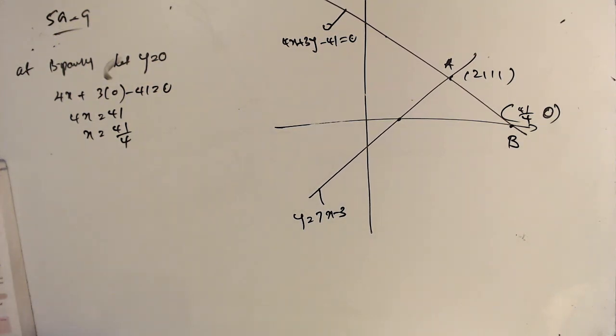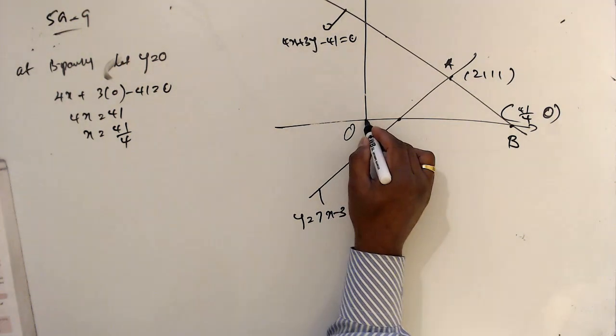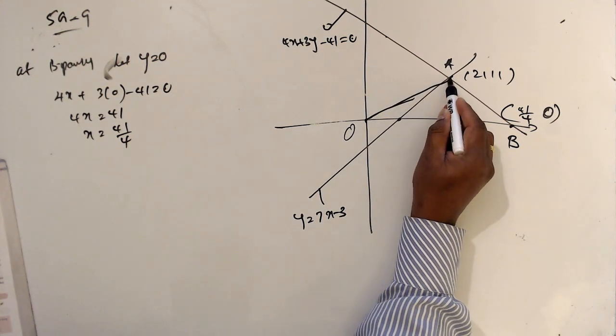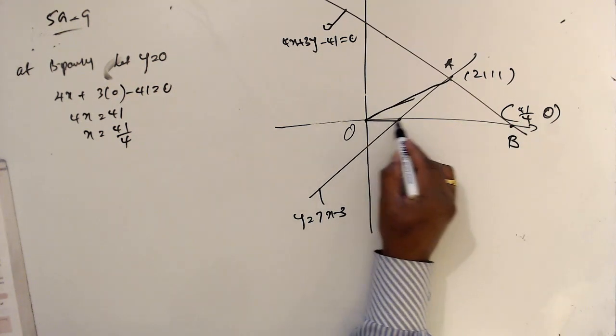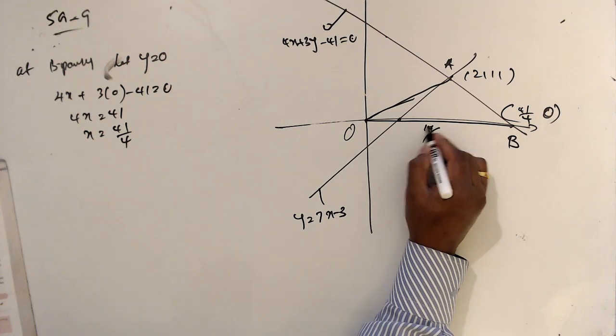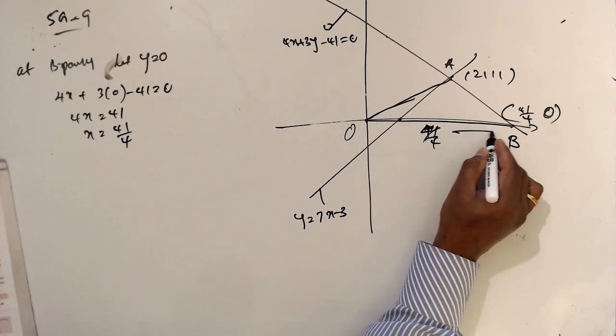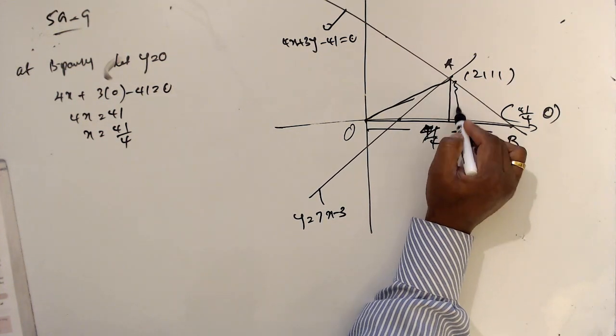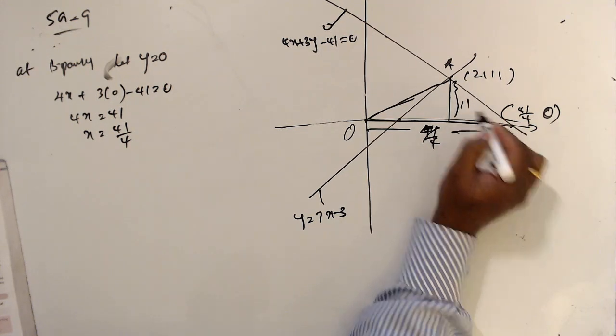Now what is the question? Work out the area of triangle AOB. So this is OAB. So this is the triangle we need. This is the base, the length is 41 over 4. Perpendicular height. Do you know this height? This height is 11.